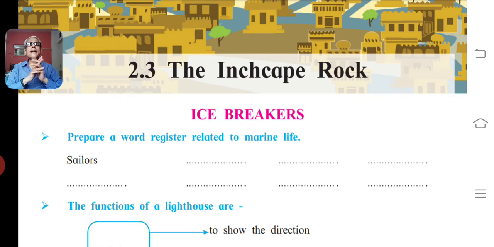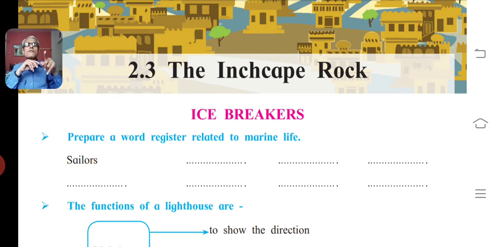Now the first activity from the icebreakers is prepare a word register related to marine life. Word register means words related to the particular profession or particular field or particular area. Simply, the words related to the particular field or profession.